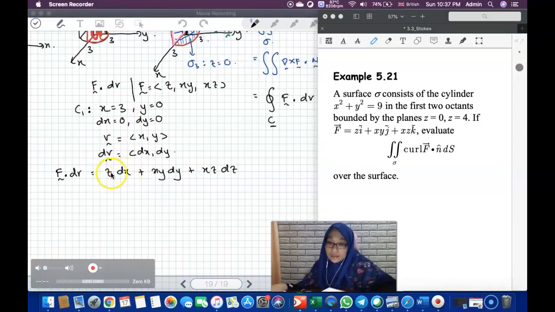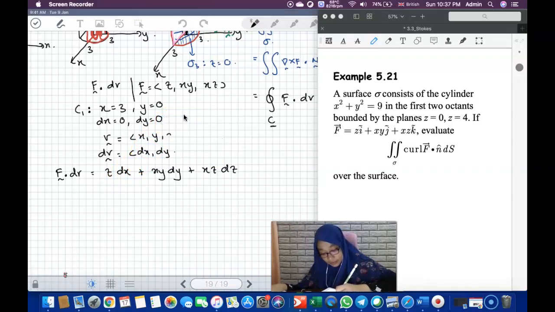Actually, we have the 3D, so when we have 3D, we should have the component z as well.